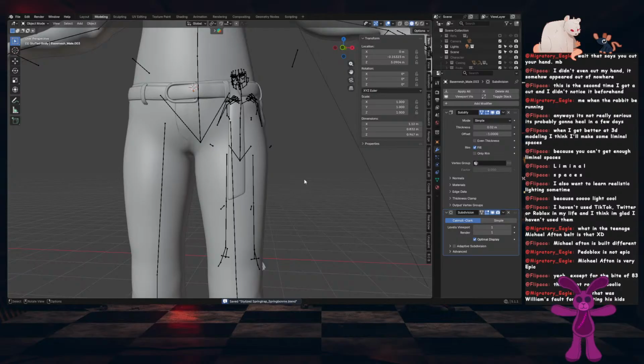Michael Afton is built different. Michael Afton is very epic. Yeah, except for the bite of 83. That is not rad and coolio.